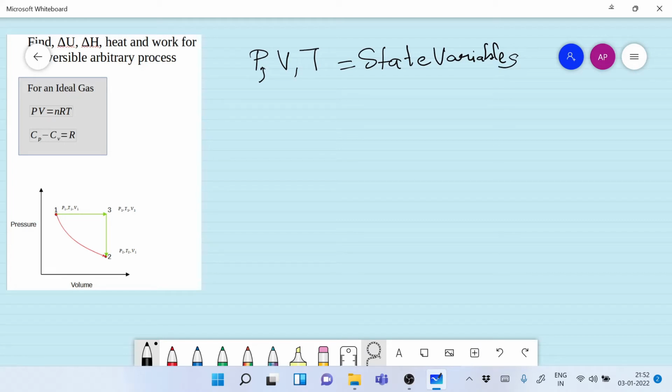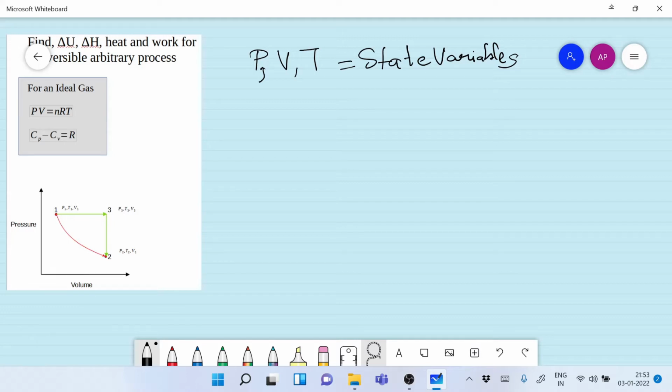The pressure and the temperature, we all know, will decide whether water is liquid, vapor, or a two-phase mixture. So they define the state of the fluid and are therefore known as state variables.